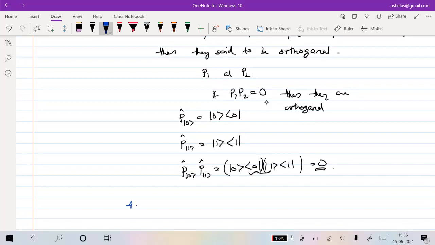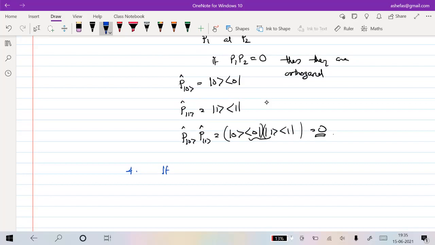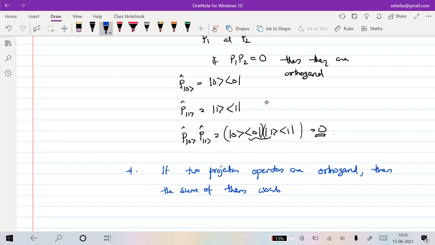Now the last property. If two projection operators are orthogonal, then the sum of them would be a projection operator.